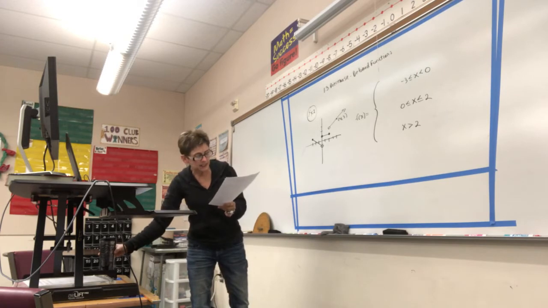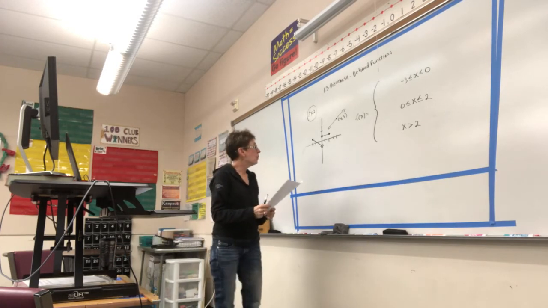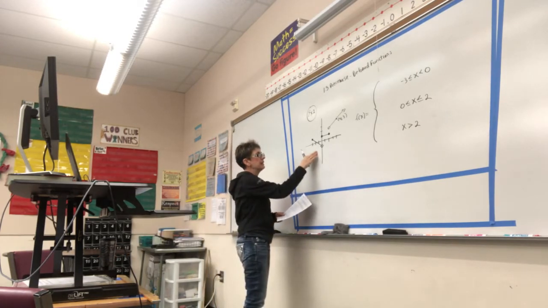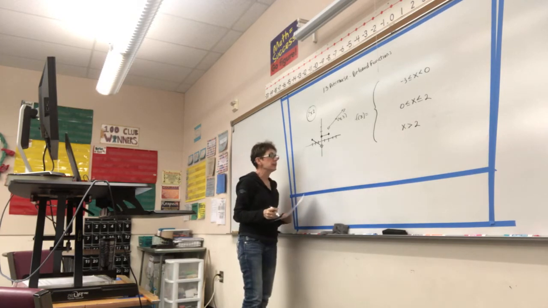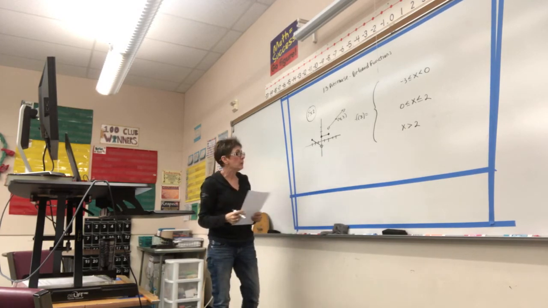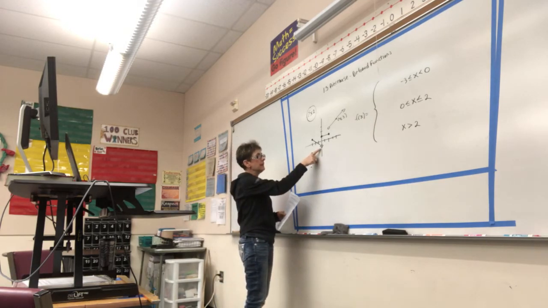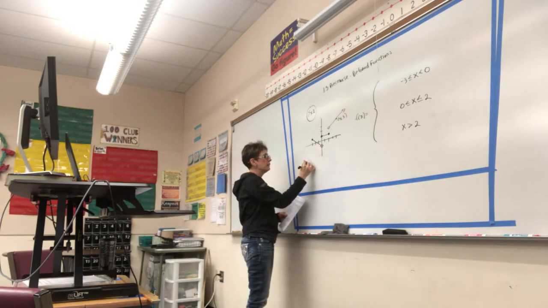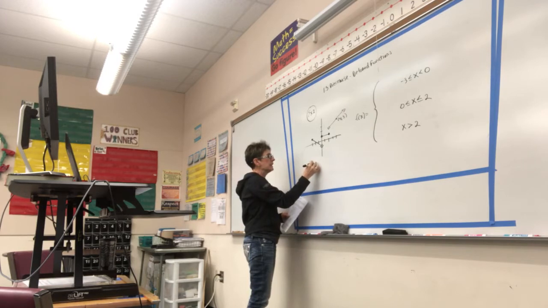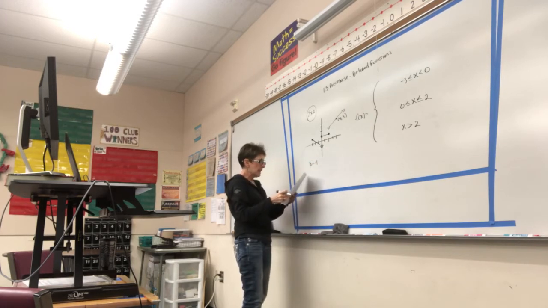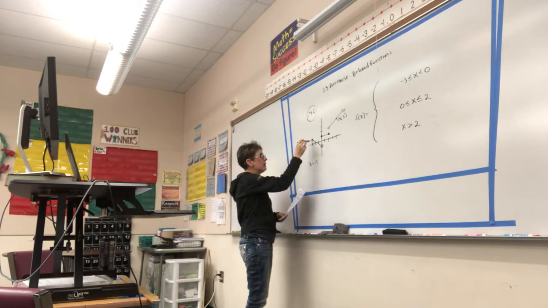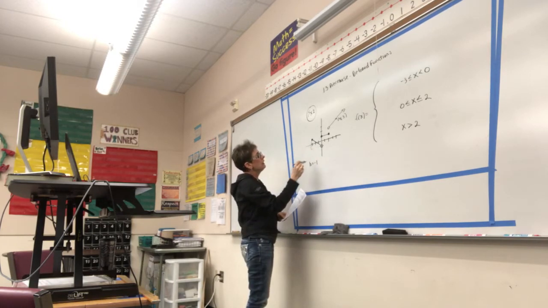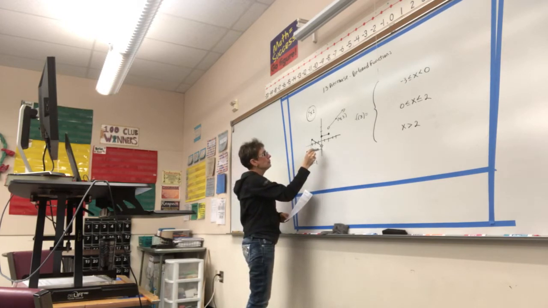Now, let's see if we can figure out what the equation of this first line is. Remember, to write an equation of a line, we need the m and the b, the slope and the y-intercept. This line has a y-intercept of negative 1, so my b is negative 1. If I count out the slope, I can see that I'm going down 2 and over 3.